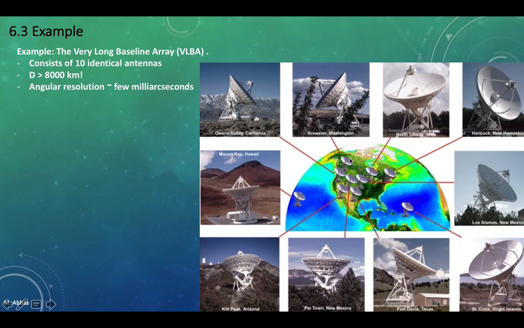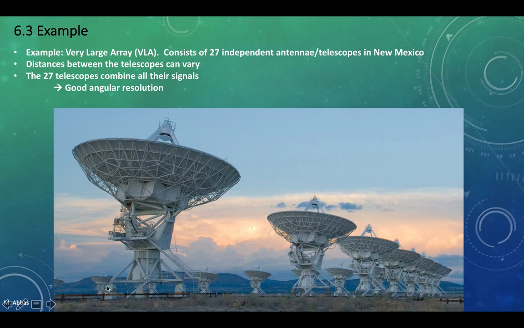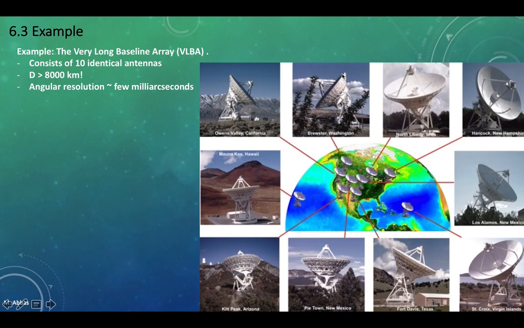The main difference between VLBA and VLA is that at VLA, all of the telescopes are just close to each other, looking at the same object. While in the VLBA you have different telescopes, each one placed in a different country and in a different region. So you're looking at the same object at the same time from so many different telescopes distributed around the Earth, and this gives you an even better image of what you are looking at.